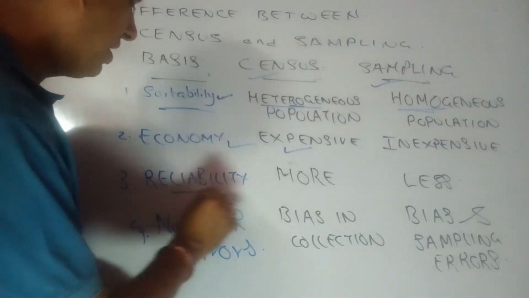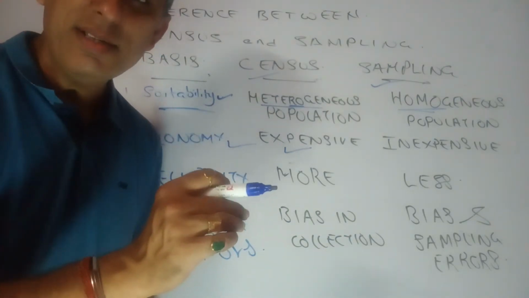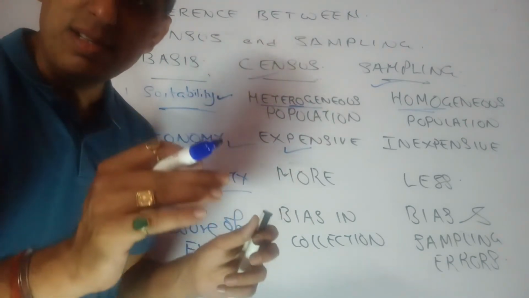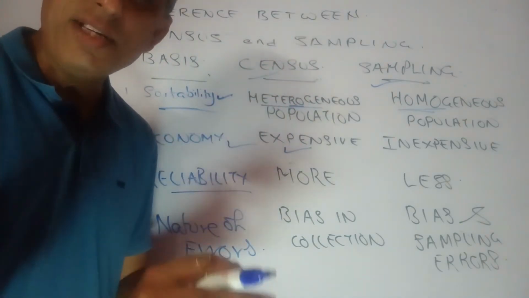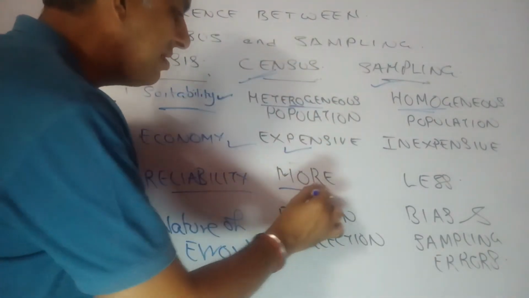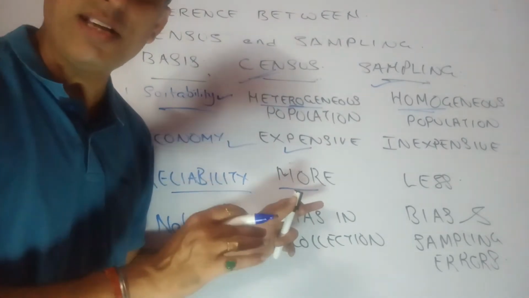Come to the third one, reliability. Now, naturally, when you take each and every element and the results are analyzed, then reliability, confidence will be higher on such type of method, and census is that type of a technique wherein you are taking each and every member.